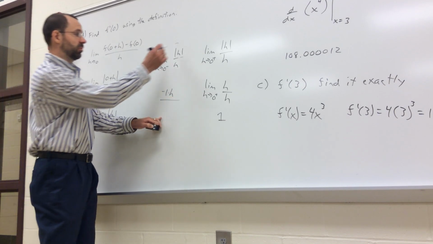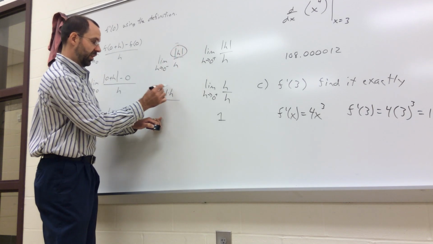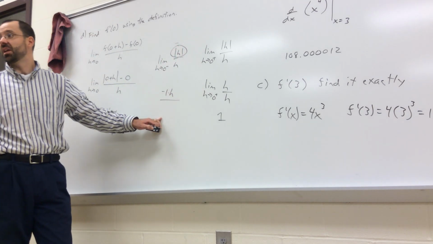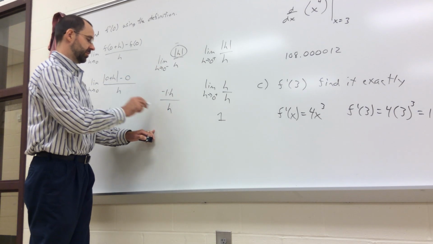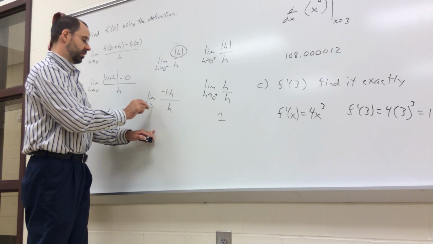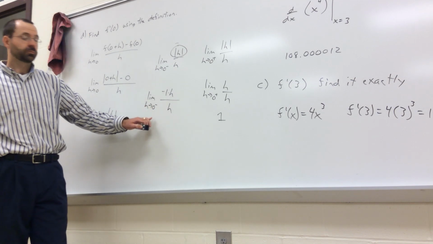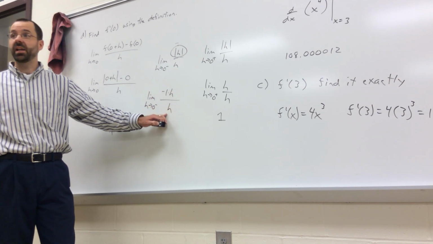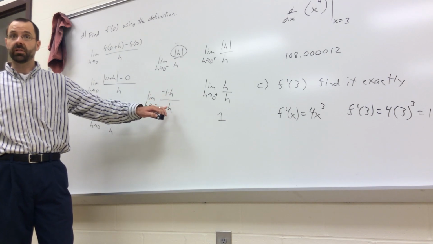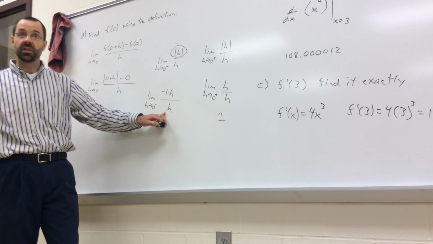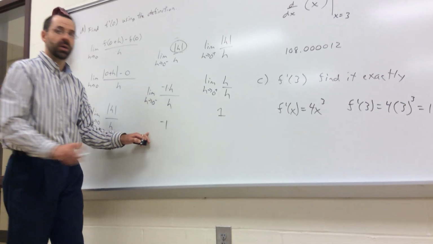So that's why I was able to replace this with that, because they behave the same way. Okay, and then I got an h on the bottom, and I'm taking a limit. And then the h divided by h is 1, and negative 1 times 1 is negative 1. And the limit of negative 1 is negative 1.